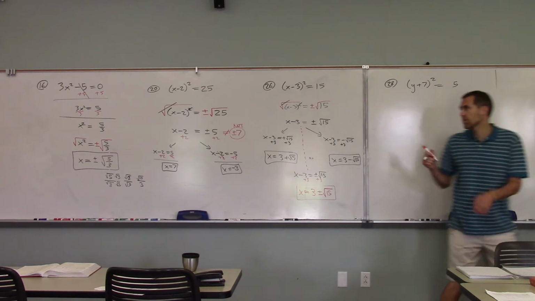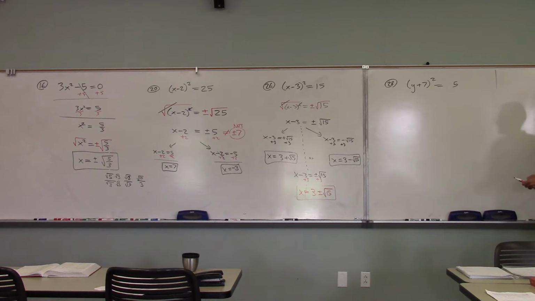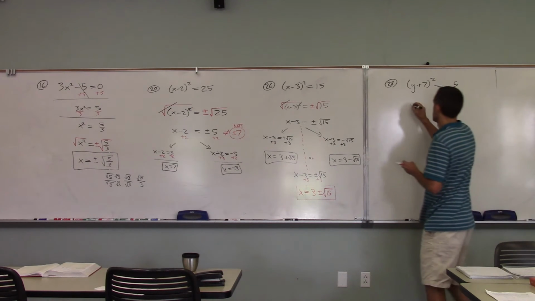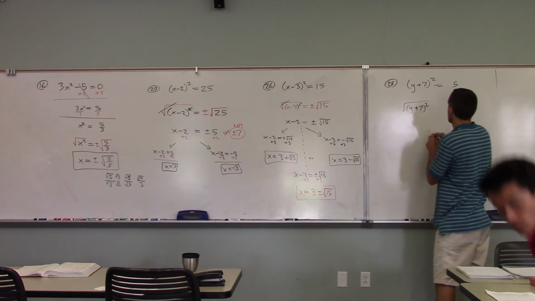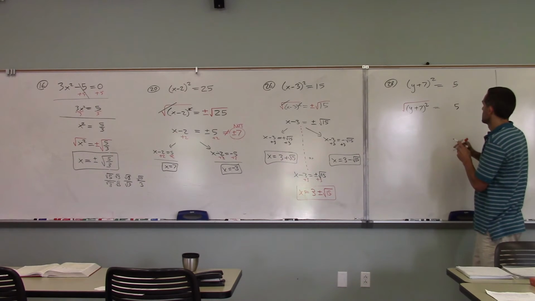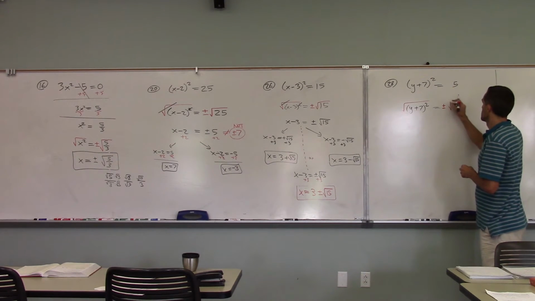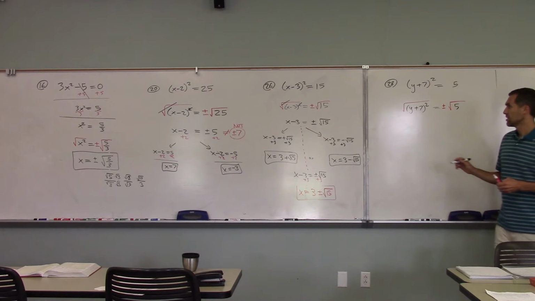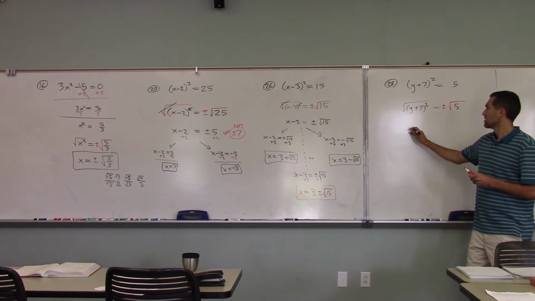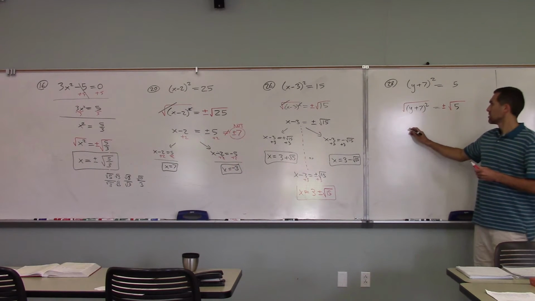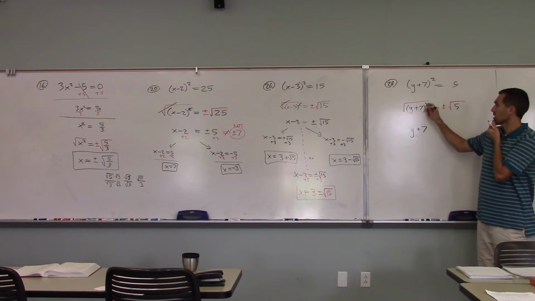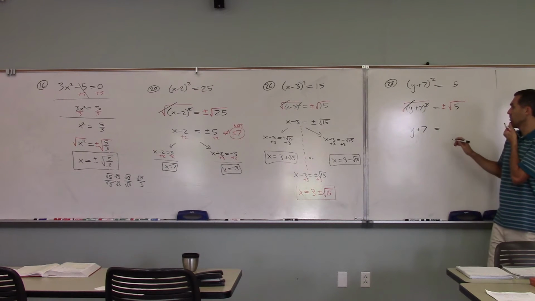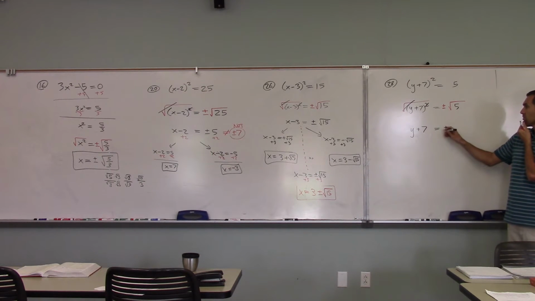Okay, Ruth, help me out with the second one. So then you're gonna square root the y plus 7. Okay, so square root it. Equals plus or negative square root of 5. Perfect, okay, and then what do you get? And then you want to put y plus 7, exactly, that square root, square cancel out, equals plus negative square root of 5.